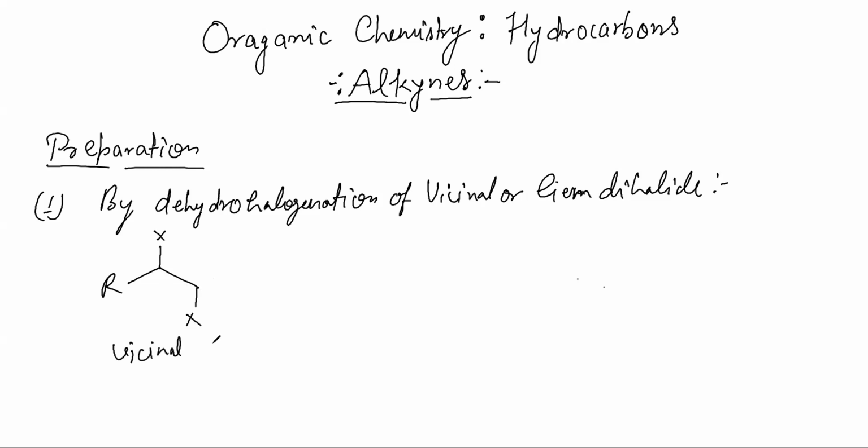I hope you remember, we call it vicinal dihalide. So what we will do, we will treat it with, first of all, alcoholic KOH. Now, once you treat it with alcoholic KOH, I hope you understand it is an E2 mechanism. Because of the E2 mechanism, one of the X and one of the H will be gone, and you will be left with this, first of all.